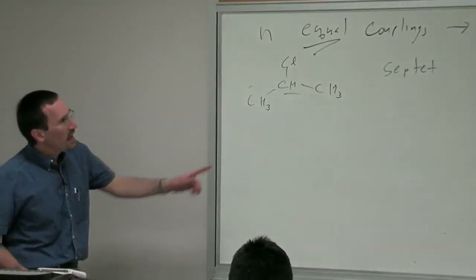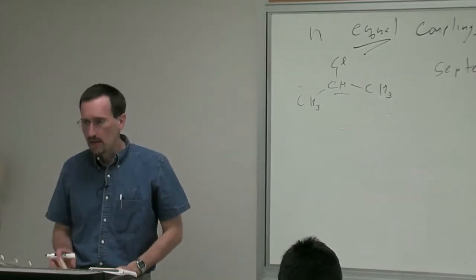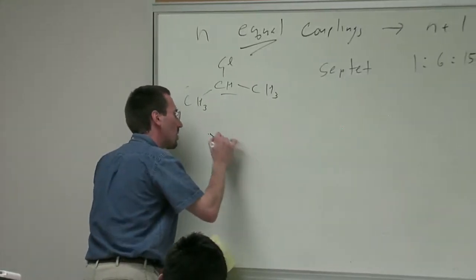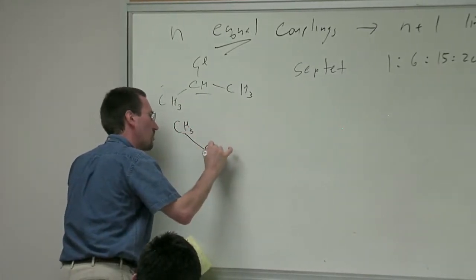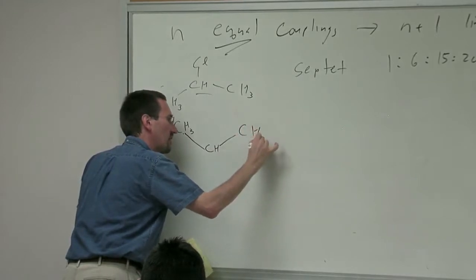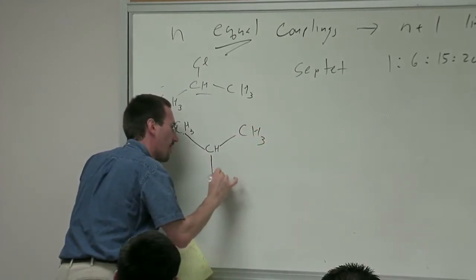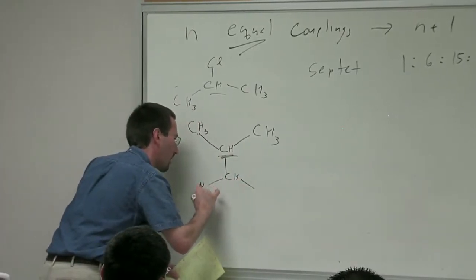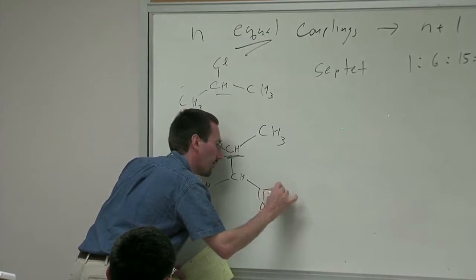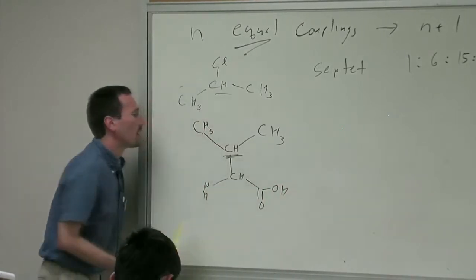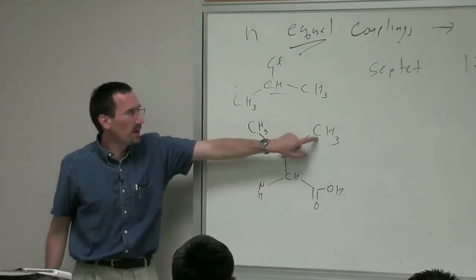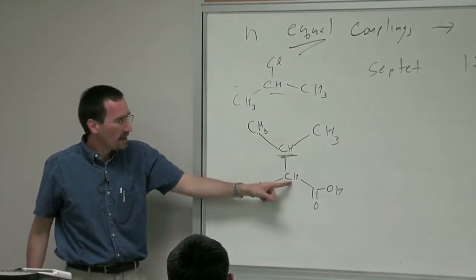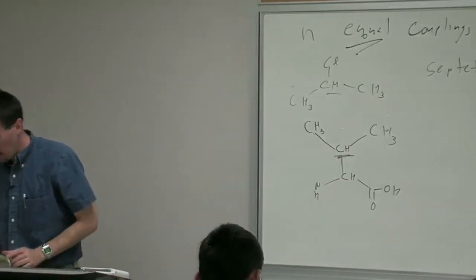All right, let's take a look at a case of what I mean by couplings that may or may not be equal. So imagine the methine group in valine, and specifically this methine group. This methine group is split by 2 methyl groups, and it's also split by this methine group.